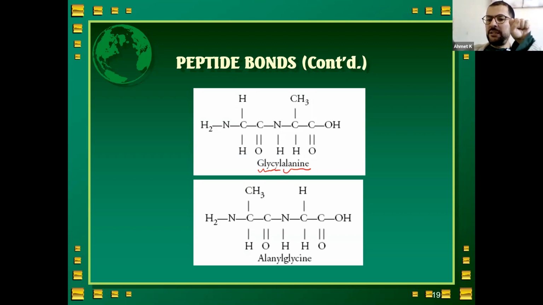You can put the glycine first and alanine second, or you can put the alanine first and glycine second. Makes sense? Because at the end of the day, you are making this bond between them. Since at both ends you have an amine and a carboxylic acid, it's as if you are making a puzzle. You can have two options, putting the first one first and the second one second, and vice versa.